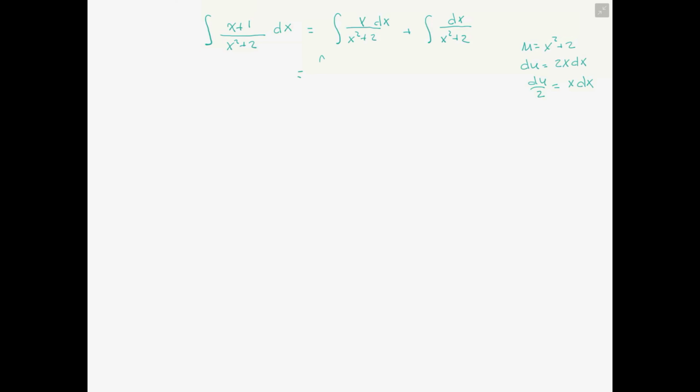So here we'd say u equals x squared plus 2, and du equals 2x dx, and du on 2 equals x dx.